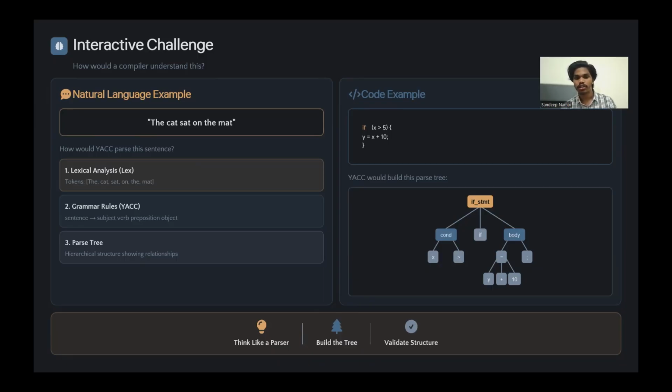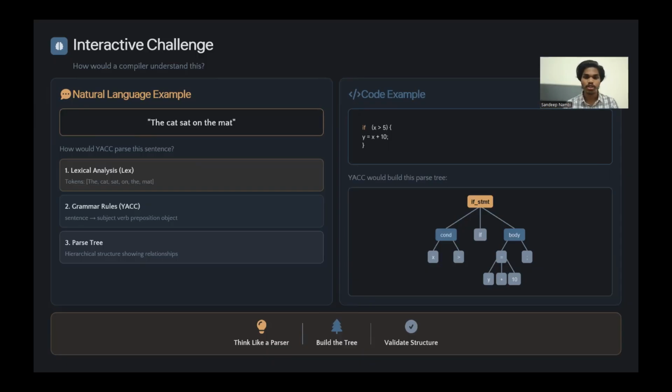Now in the parse tree, the top node is the if statement. One branch represents the condition, that is x greater than 5, and the other represents the body, that is y equal to x plus 10. The structured tree helps the compiler understand the logic and ensures the structure is correct.